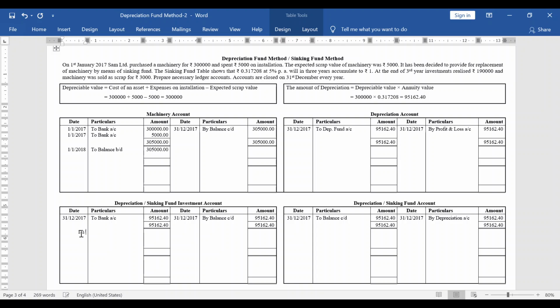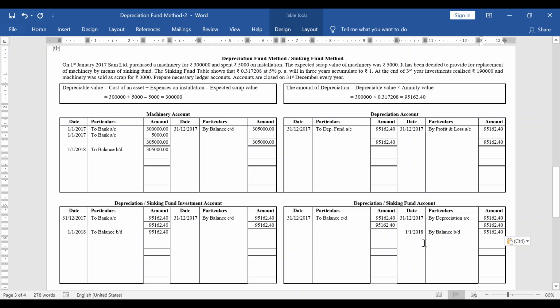Depreciation fund investment account as on 1st of January 2018 shows a debit balance of rupees 95,162.40. Depreciation account does not show any balance, and depreciation fund account shows a credit balance of rupees 95,162.40.